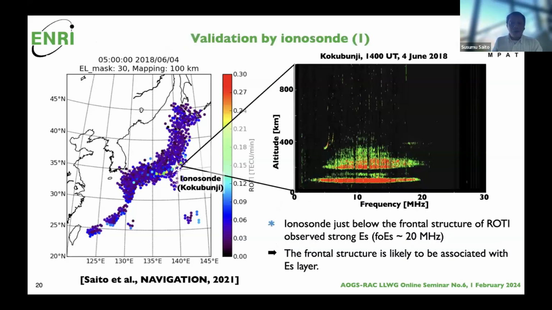And actually, just below this LOTI enhanced region, we have the Kokubunji ionosonde station operated by the National Institute of Information and Communications Technology, Japan. We see a very good correspondence between the LOTI enhancement and sporadic E occurrence.